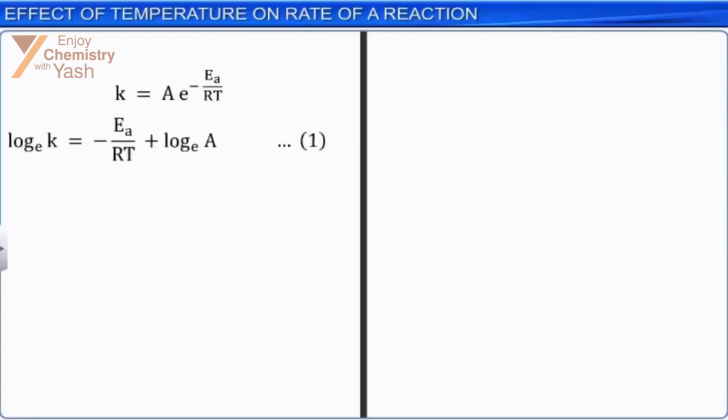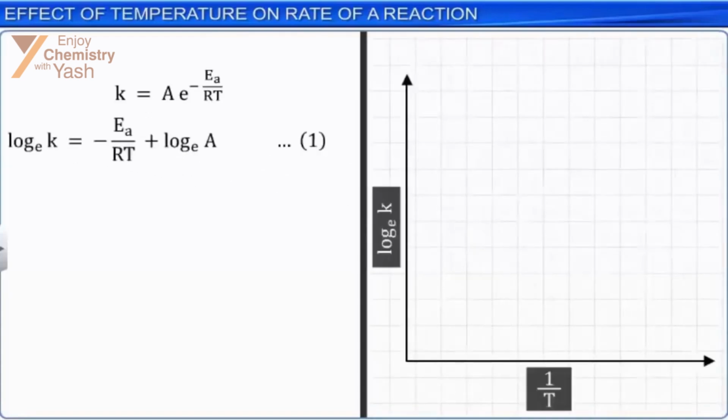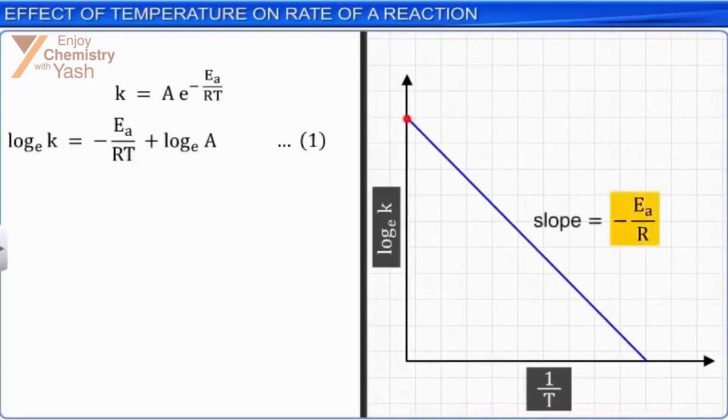If we plot log to the base e of K versus 1 by T on a graph, we get a straight line with slope minus EA by R, and the y-intercept as log to the base e of A. From the graph, we can see that as the temperature increases, the rate constant increases exponentially and the activation energy decreases. As a result, the rate of reaction increases.